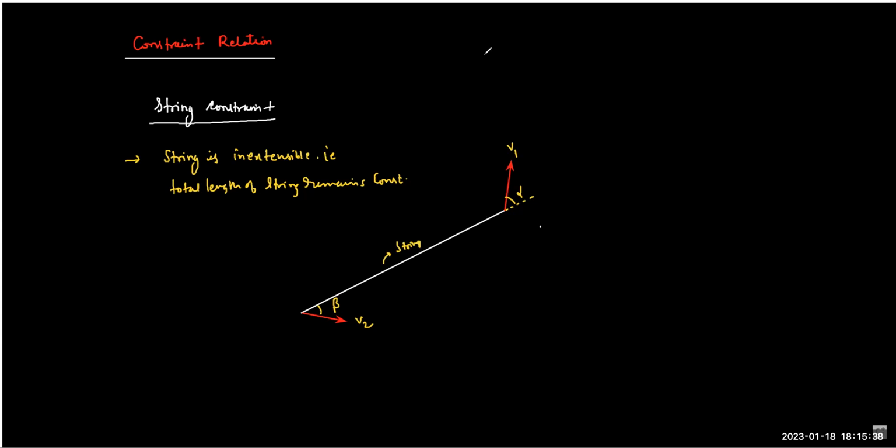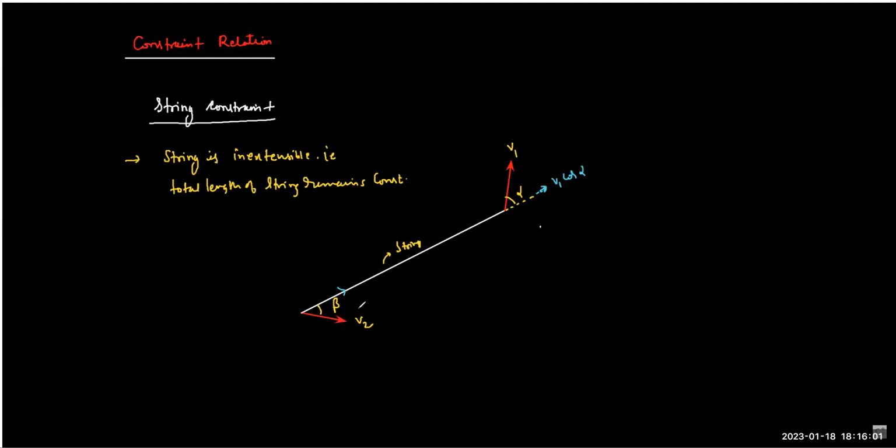So the velocity can be resolved into two components, right? One component is along the string. The component of velocity v1 along the string will be v1 cos alpha, and the component of v2 along the string is v2 cos beta. That's correct.